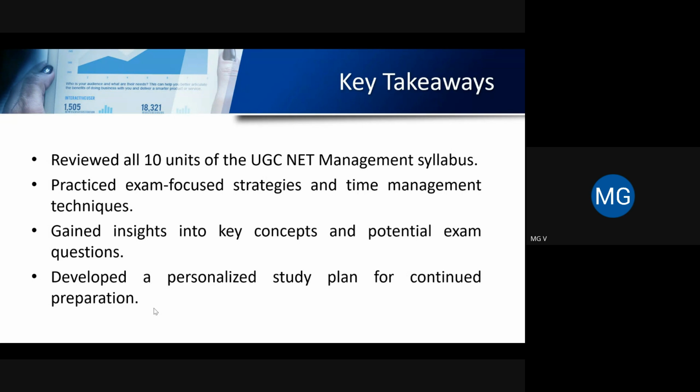You can always contact in case of any need or any further discussion, or you may suggest any topic that you would like to take up in times to come. Any suggestions from anyone that you want to focus on this particular topic, maybe in research, maybe in academics, or anything that you want some FDP or workshop? Any suggestions? Yes, ma'am.